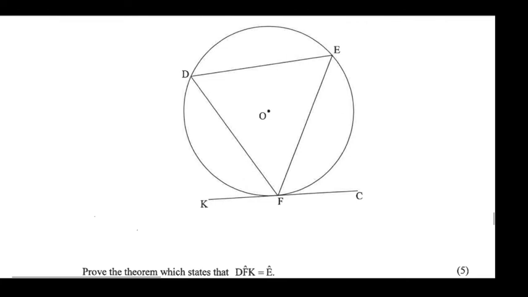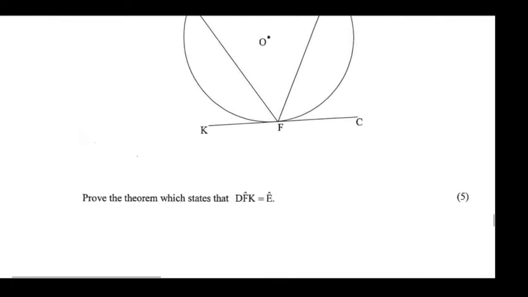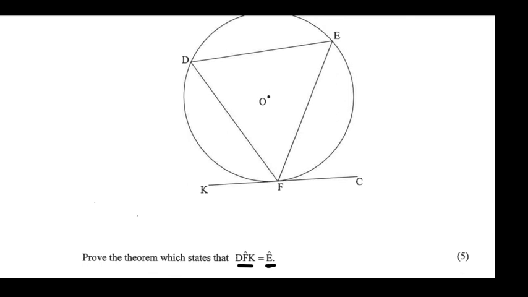So there is our diagram, and we are asked to prove that angle DFK is equal to E. So we are asked to prove that this angle here is equal to this angle there, right?